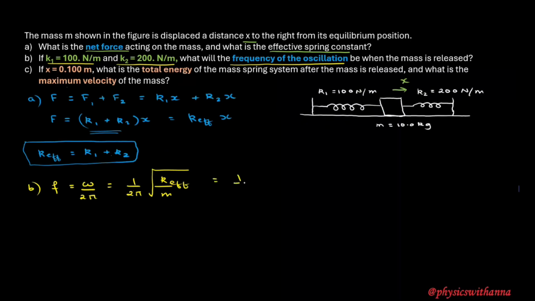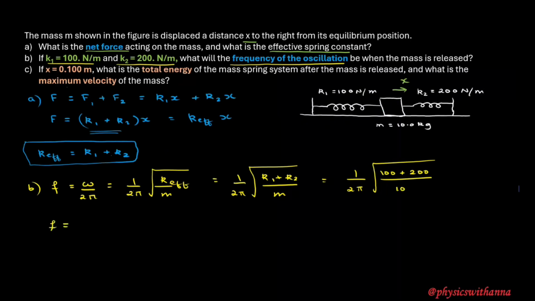So I can write this as 1 over 2 pi square root of (K1 plus K2) over M. So let's substitute: 1 over 2 pi square root of (K1 is 100, K2 is 200) over mass M, which is 10. When you solve this, you get the frequency f to be equal to 0.872 Hertz.